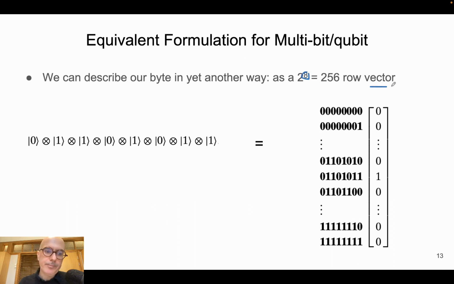For each position of this vector there is a number that tells us which state we are in. We're going to have 2 to the 8, that is 256 states, and then we put a 1 in the state we are in. We started from state 0, 1, 1, 1, 0. So we put a 1 here.